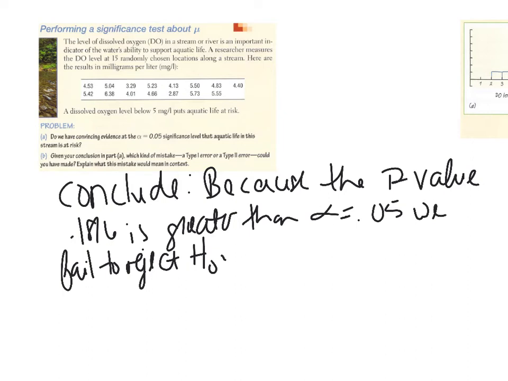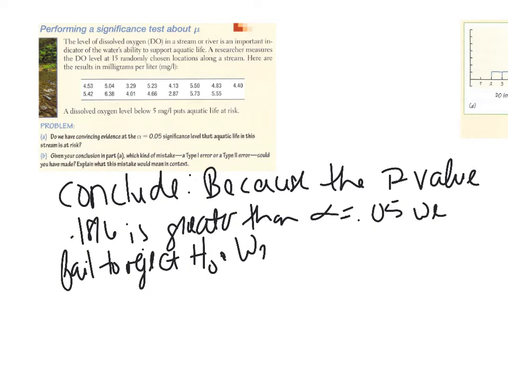I know a lot of you are looking for your blanket statement. Here you go: because the p-value is greater than or less than your alpha, you fail to reject or you reject. And then you put in your context.